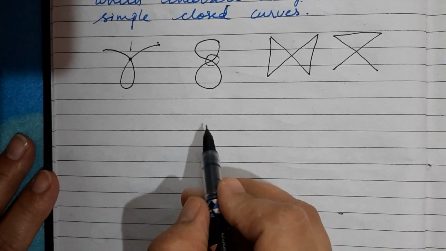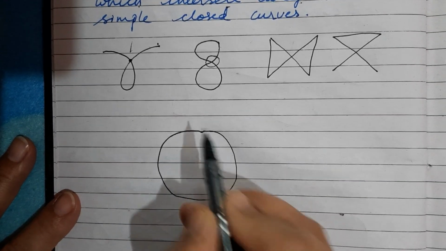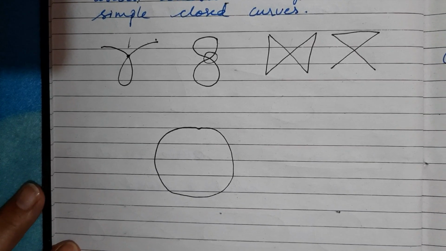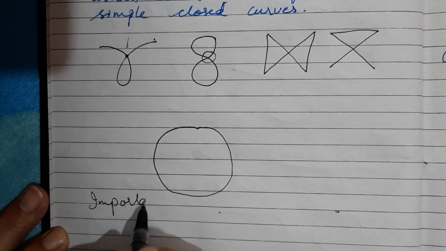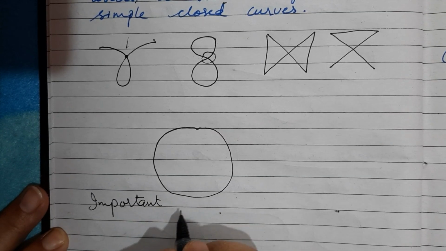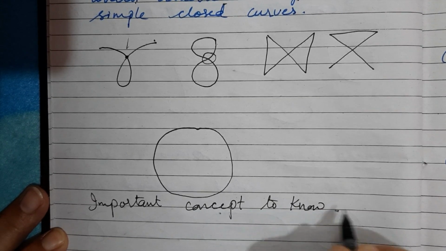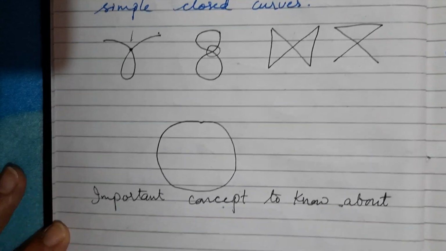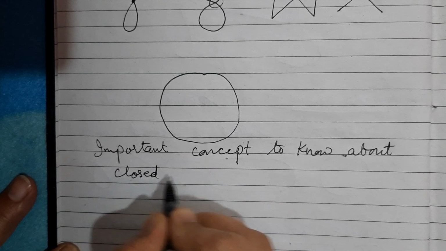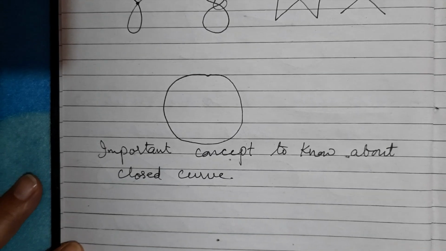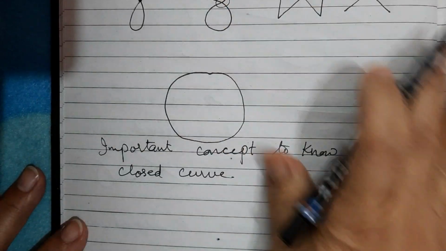Now I will draw here a closed curve. So this is a closed curve. An important concept to know about closed curves: children, this closed curve divides the plane.